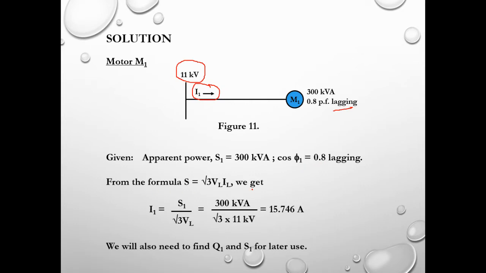From the formula S equal to square root 3 VL IL, rearrange in terms of I1, or IL, as it is known in this example. So IL equal to S1 over square root 3 VL.